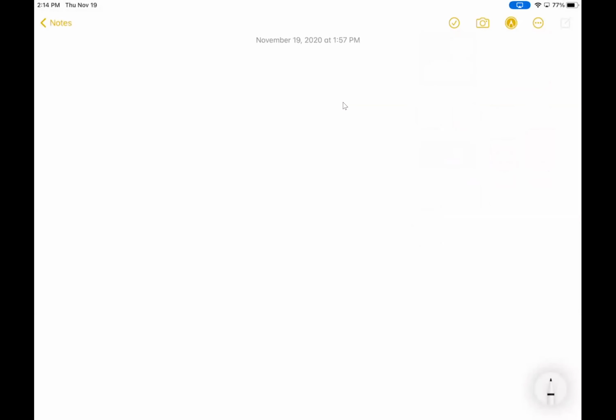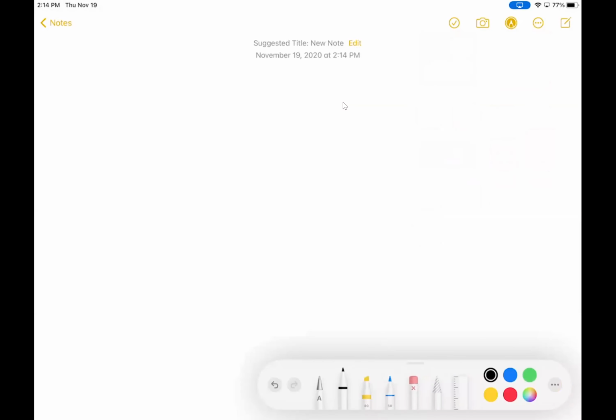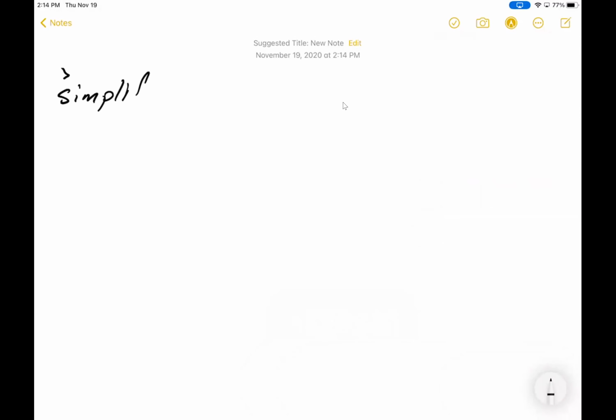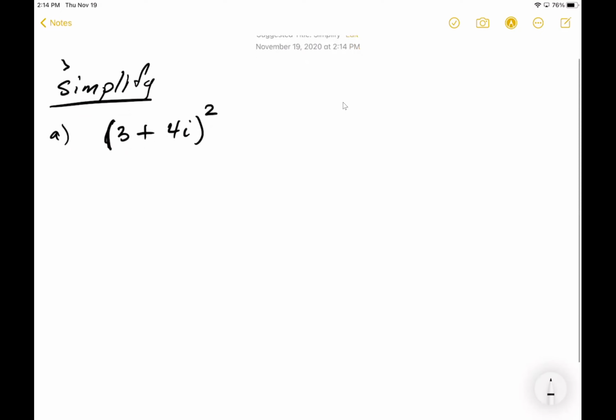Let's say we want to simplify this item here, and let's try (3 plus 4i) squared. So for instance, let's say this is our problem and we have 3 plus 4i squared. How would you guys attack this problem?